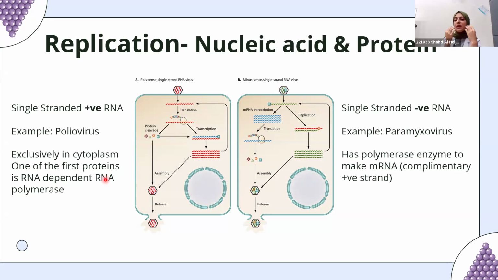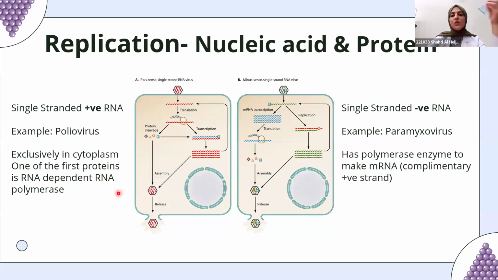When you think about it, in humans we're usually making RNA from DNA, so in human cells you have DNA-dependent RNA polymerase. This means that the virus should have its own RNA-dependent RNA polymerase because the cell can't supply that. The host cells, the human cells, do not have RNA-dependent RNA polymerase. We do not make RNA from RNA. Only viruses do that. So one of the first proteins in this cycle is RNA-dependent RNA polymerase.